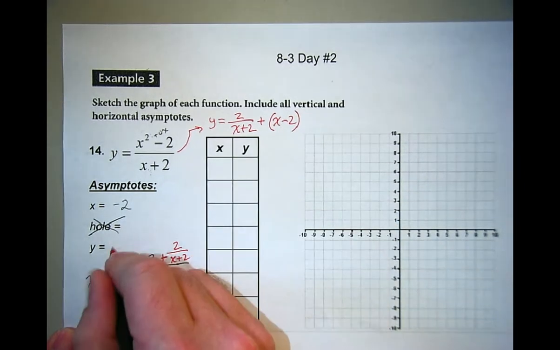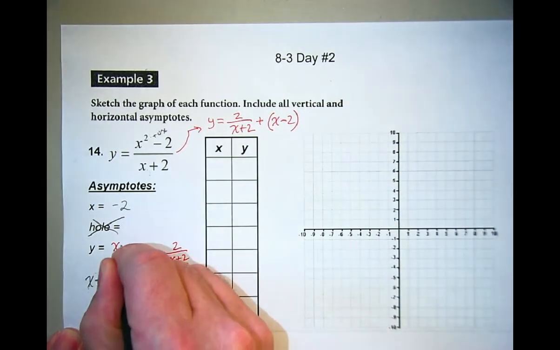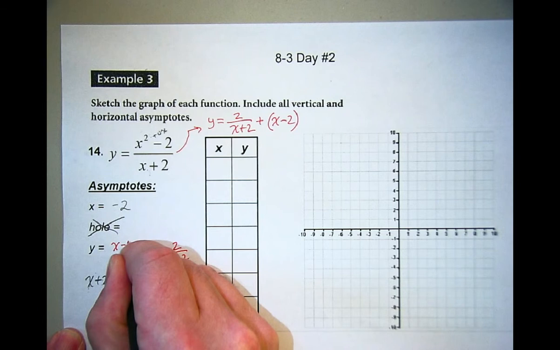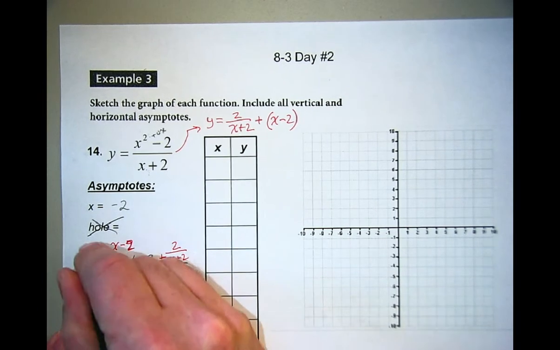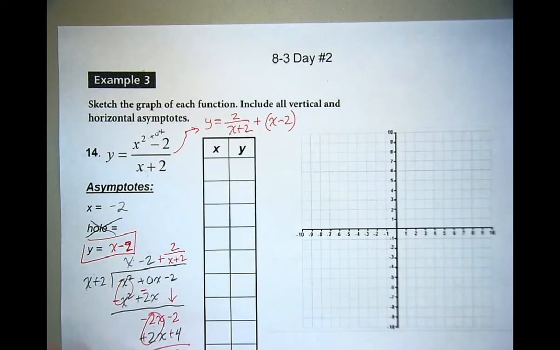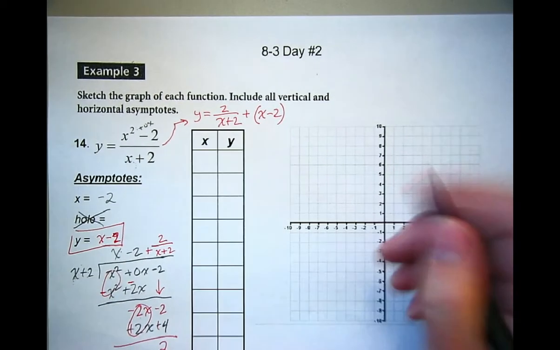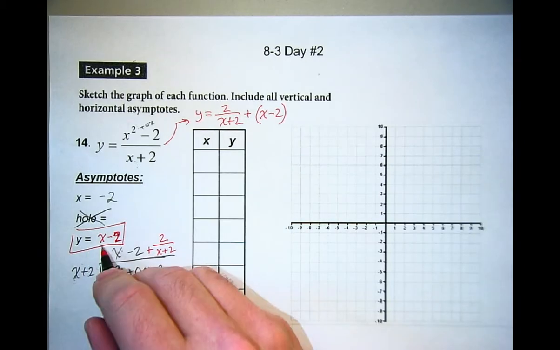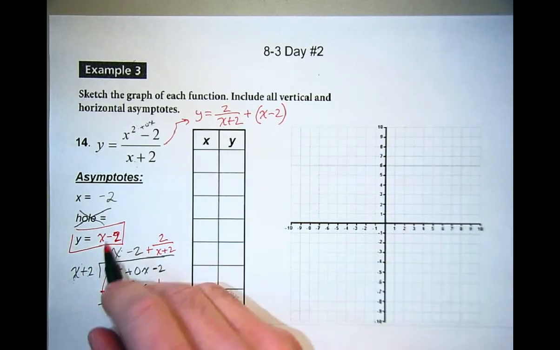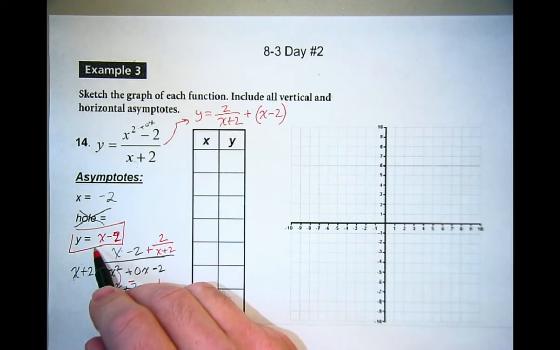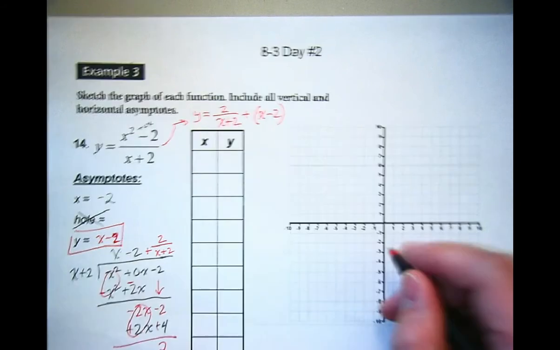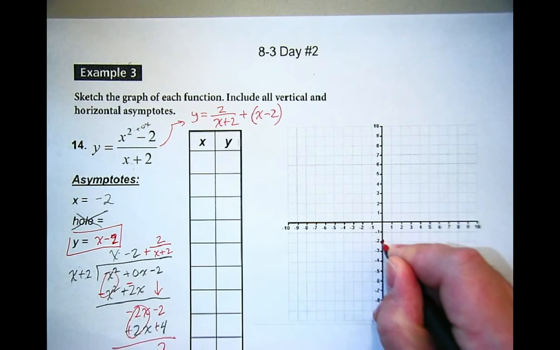That is our slant asymptote. Y equals x minus 2. That is our slant asymptote. So if we go over to our graph and we graph the linear equation x minus 2, so we go to y equals mx plus b mindset, and we go down to -2. That's our b.